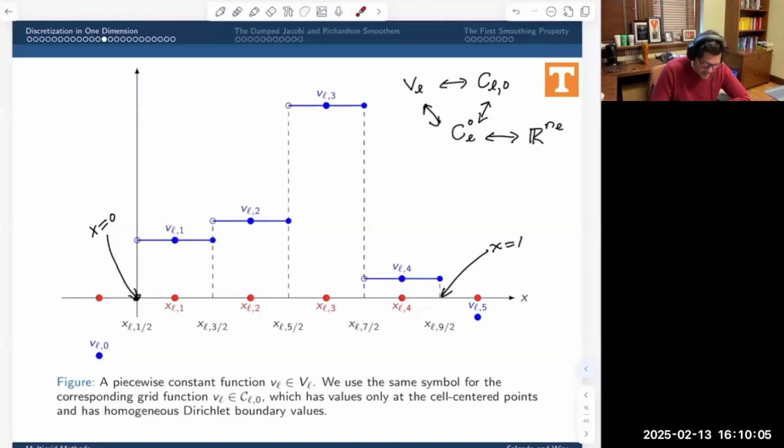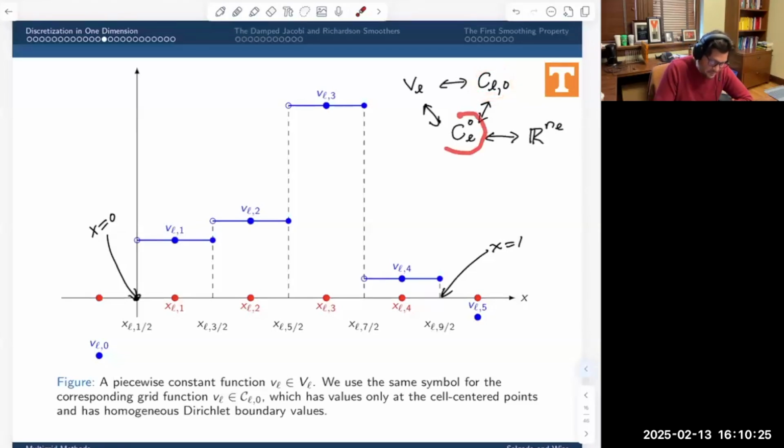And the same way with this point here, its average is equal to 0 at x equals 1. The way you do this is very simple. You just set VL5 equal to minus VL4, and VL0 equal to minus VL1. So that's how I can establish functions from that space.